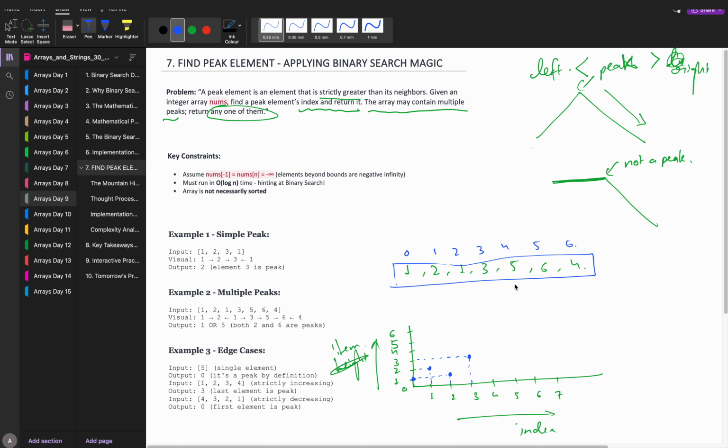Fourth index is 5, so 5 is looking like this. Then fifth index 6 is looking like this. And sixth item is 4, so 4 is going to be here.